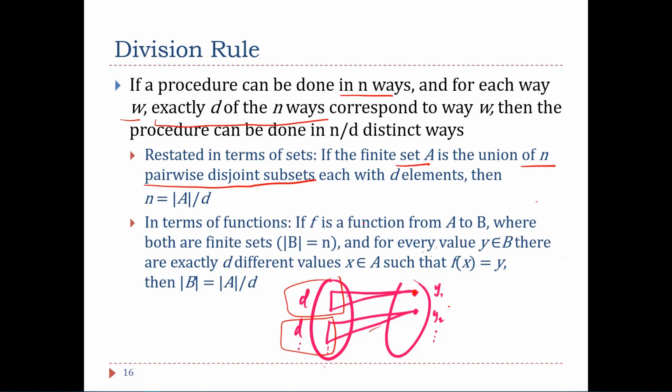So all in all, you would find that the size of B is equal to that number n, and the size of A would be equal to n times d, or simply that the size of B is equal to the size of A over d, because we have grouped all the possible redundant ways in A into non-redundant disjoint sets of d elements each. So we are cutting the total number of possibilities in A by d to get the total number of non-redundant ways, which is finally n.